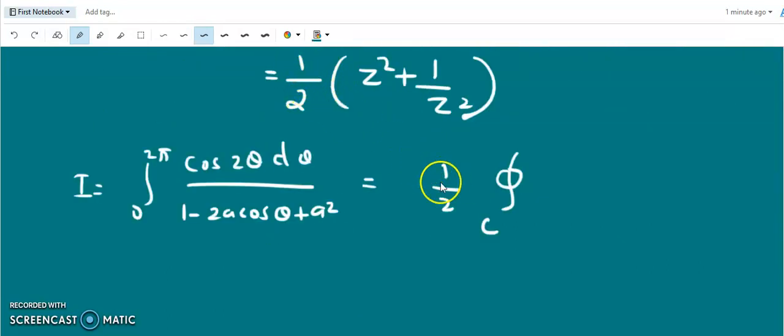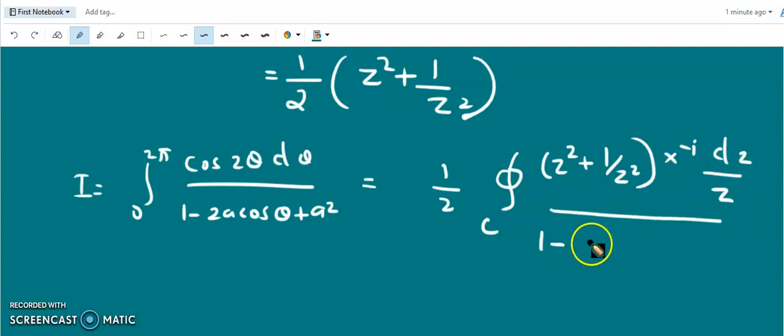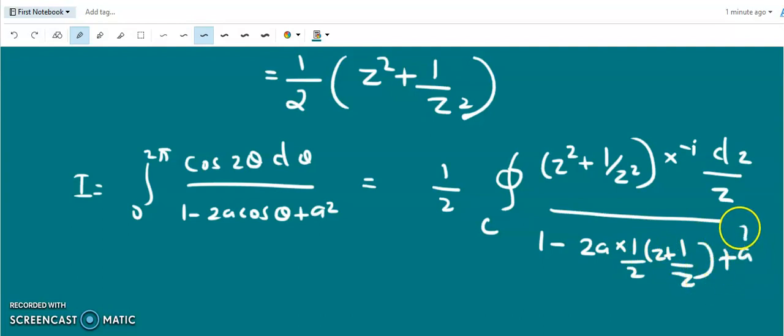1 by 2 here can be taken outside, closed integral z square plus 1 over z square, d theta is dz by i z, that is minus i dz by z, divided by 1 minus 2a cos theta, which is 1 by 2 into z plus 1 by z, plus a square.